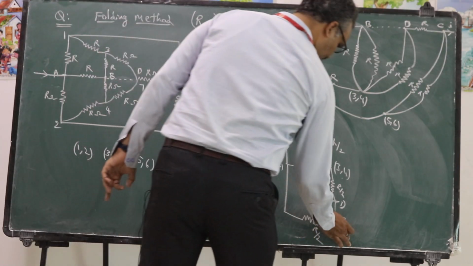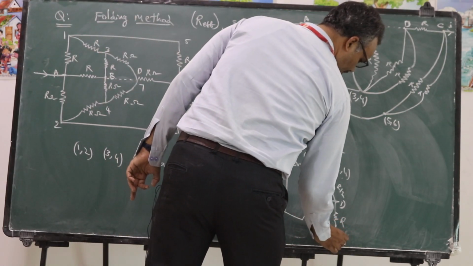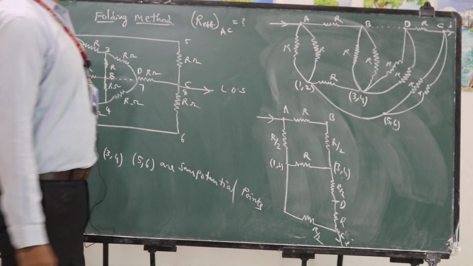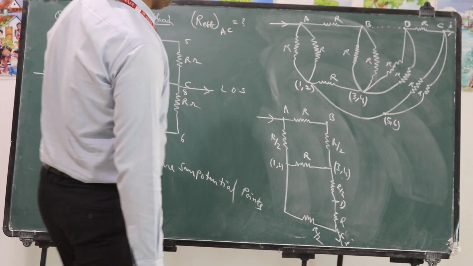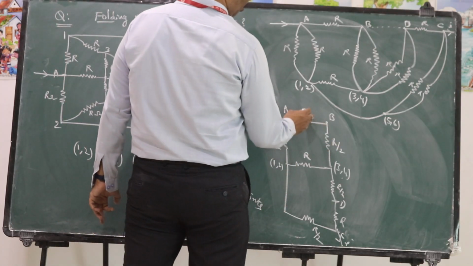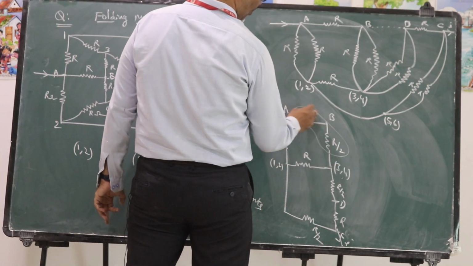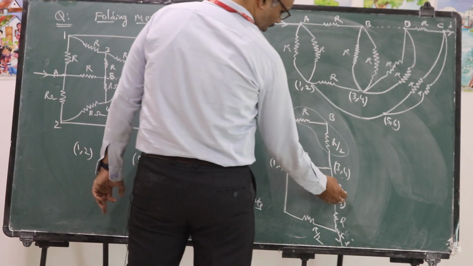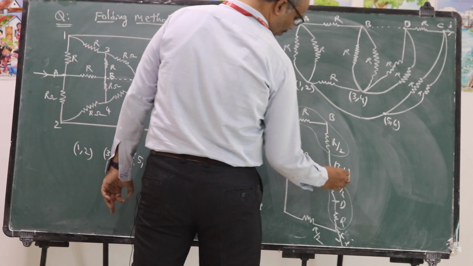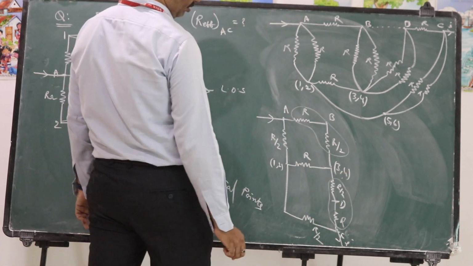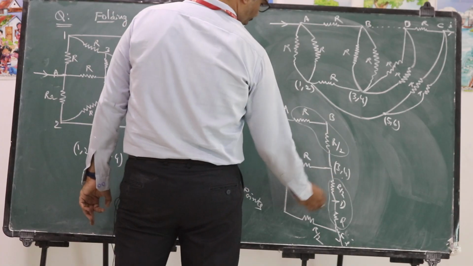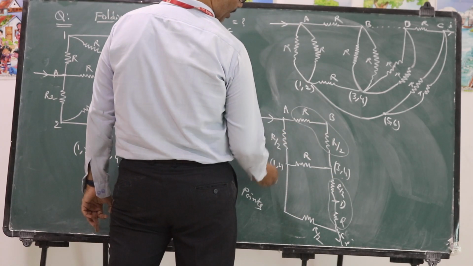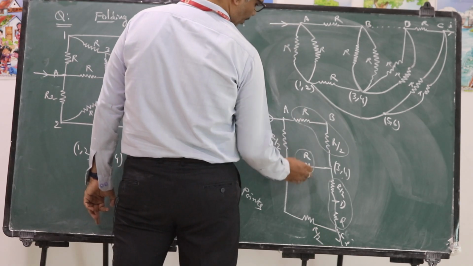Current is leaving out of C. Now, if you simplify it further, these two are in series with each other, it becomes 3R by 2. Now these two are in series with each other, it becomes 3R by 2. So 3R by 2 and this is R by 2. Here also 3R by 2 and R by 2. So this resistance will become inactive.